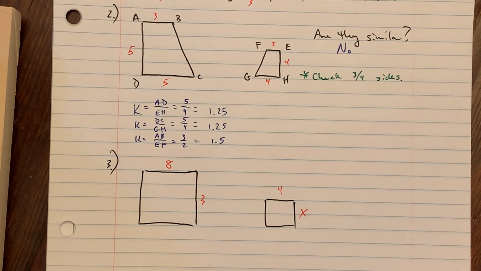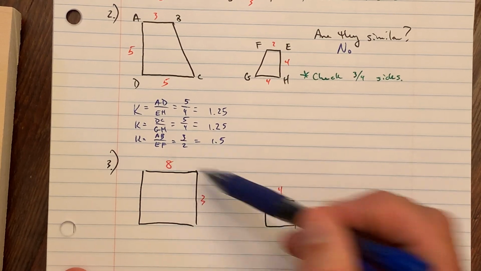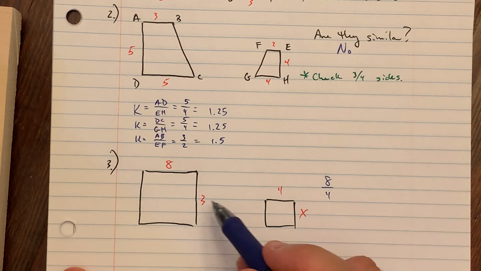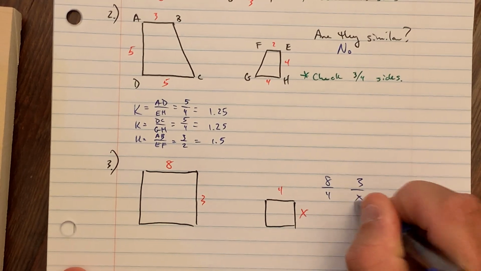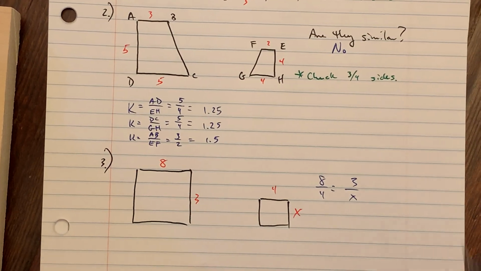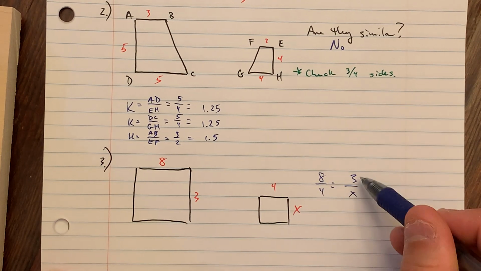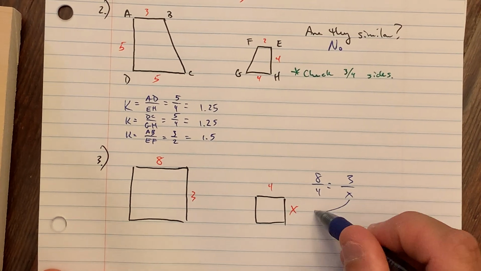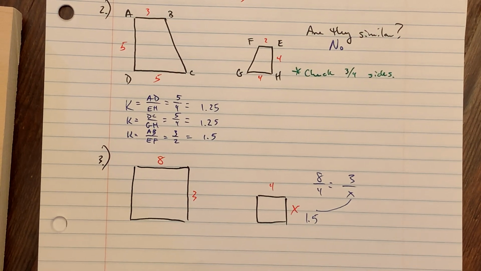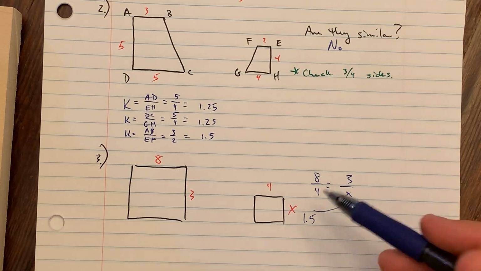Some of you may be able to figure that out in your brain, some of you may not. Either way, the 8 and the 4 are in similar positions. The 3 and the x are in similar positions. We want the ratios to be the same. What number does x have to be? Well, 4 is half of 8. So what is half of 3? 1.5. We'll talk more about this proportion stuff tomorrow.